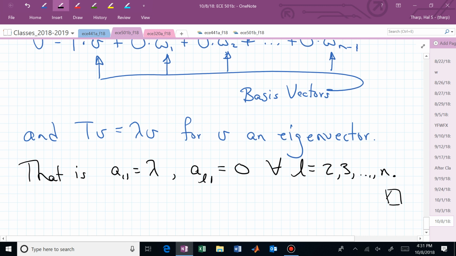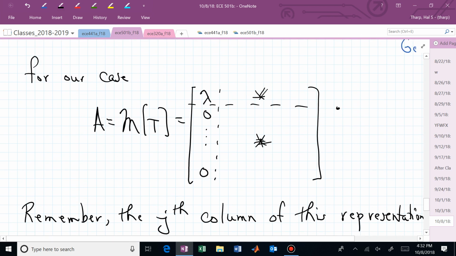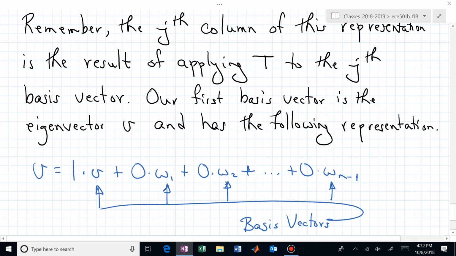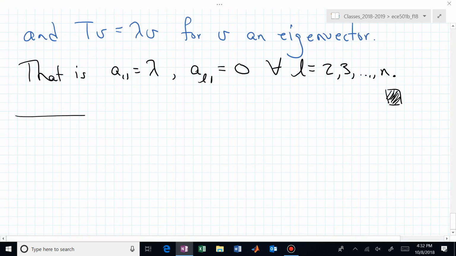So there's our sketch of the proof of why we can write a matrix representation as lambda in the first column with everything below it zeros. But that doesn't look very upper triangular, does it?